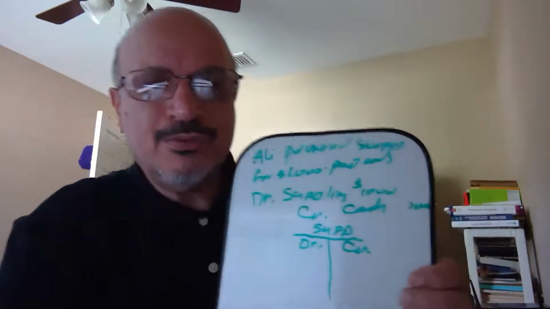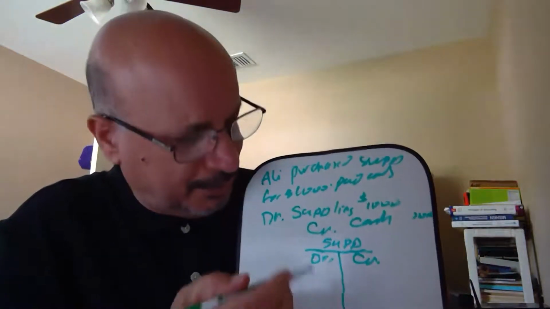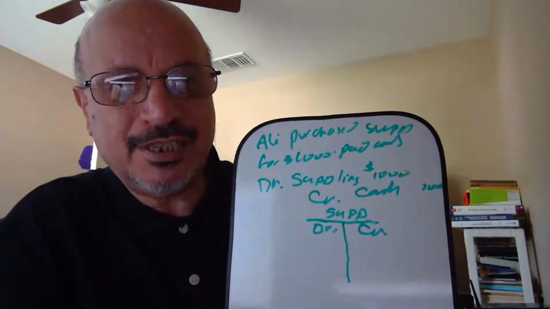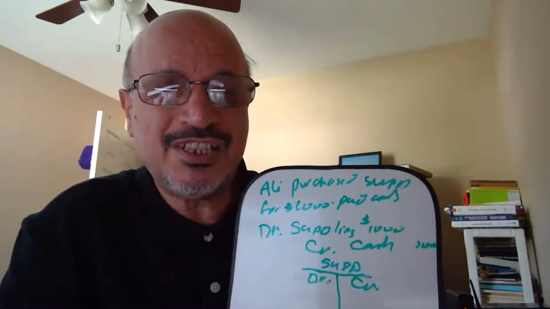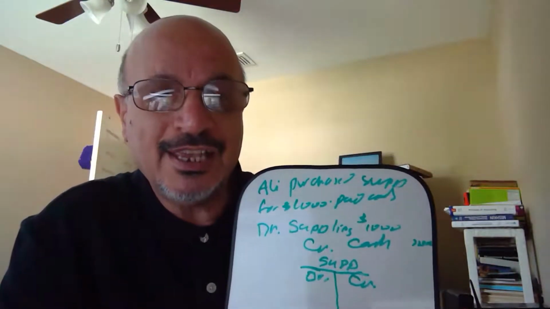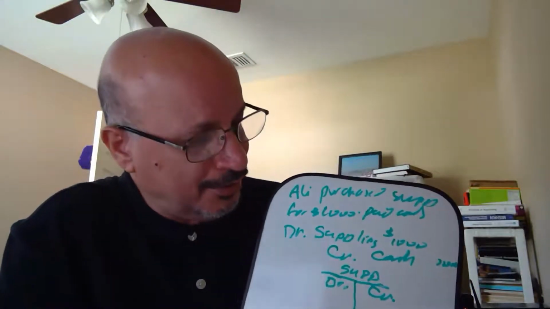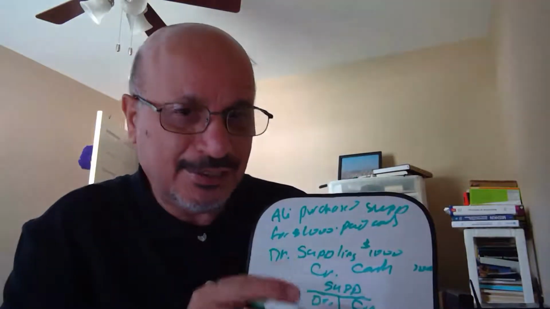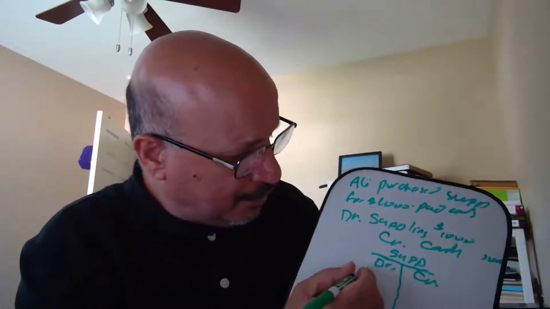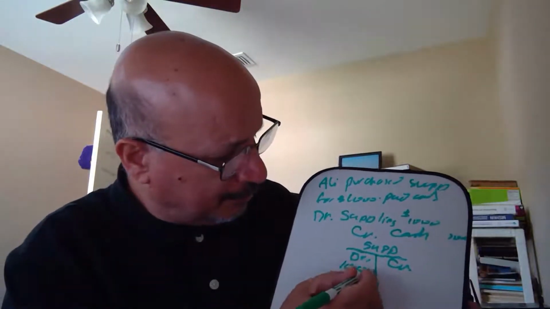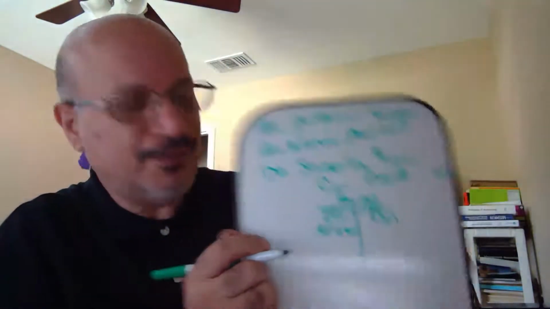Now tell me, should the supplies be on the debit side or the credit side of the T account? Remember, we said the normal balance means where the account starts and increases. So in this case, supplies is an asset, and an increase is debited. Therefore, the $1,000 should be over here on the left side.